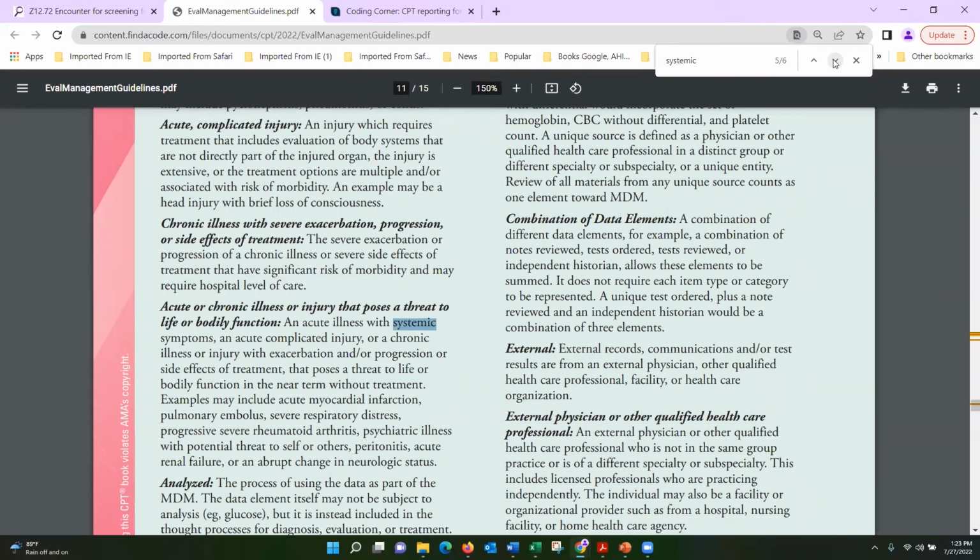I do that a lot to find out answers to questions just like you just asked. As I was learning E&M, I needed to know what the American Medical Association considered systemic symptoms. That is a very good question, and they've covered it very well in their guidelines.